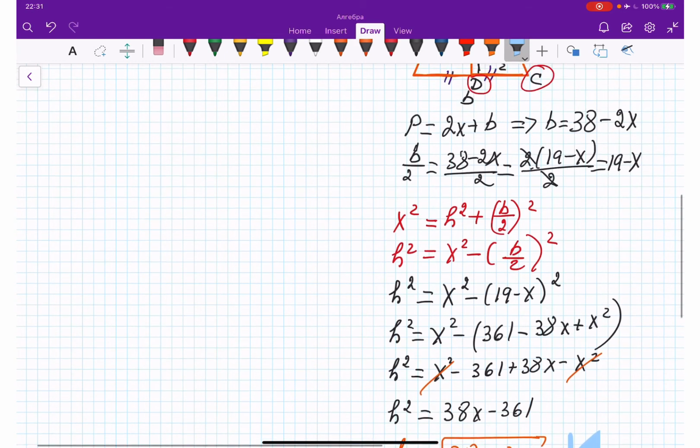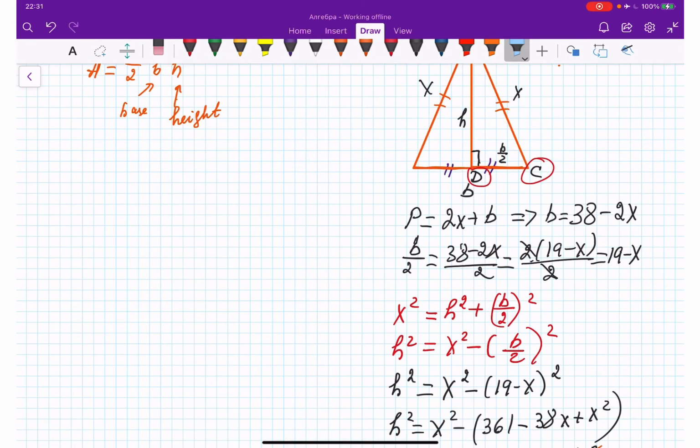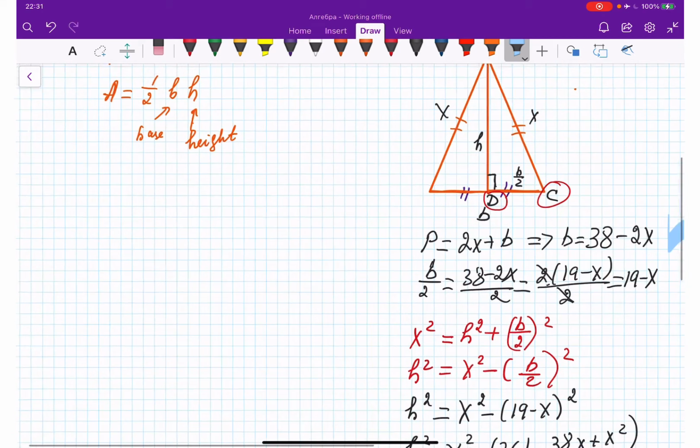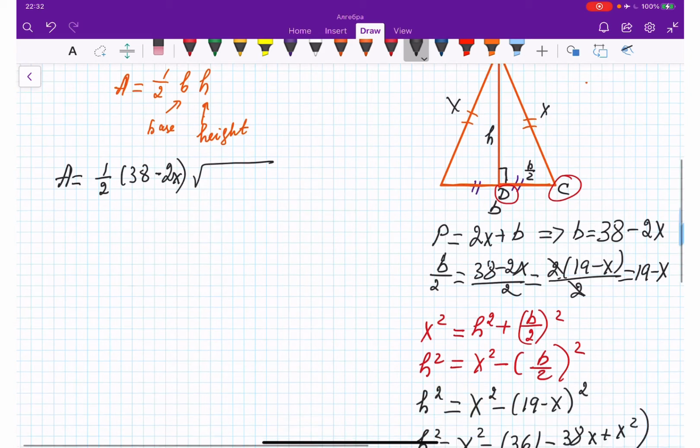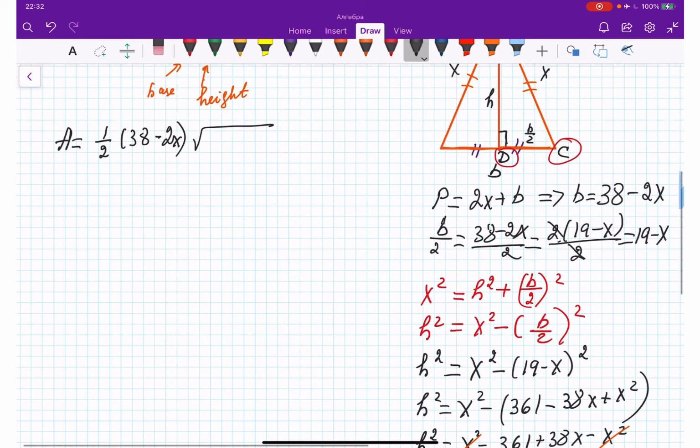All right, so we have h, the height, and we have the base, which is this one. Now we can find the area, right? 1/2 of b times h. Okay. Area is equal to 1/2 of BH, where B is our 38 minus 2x, and height is the square root of 38x minus 361.